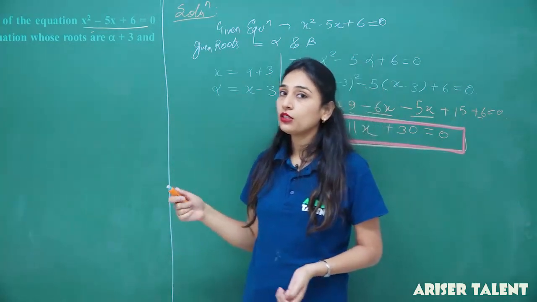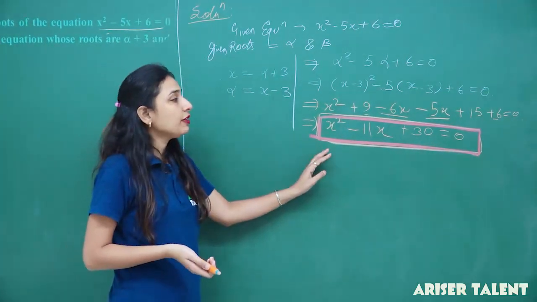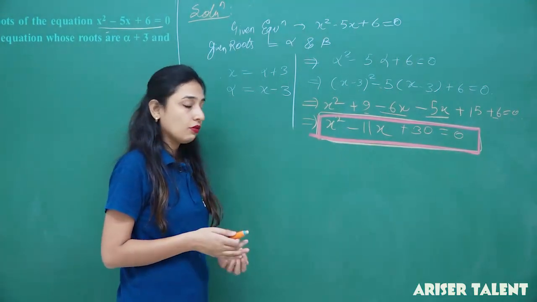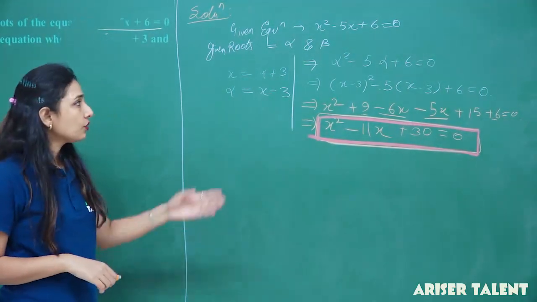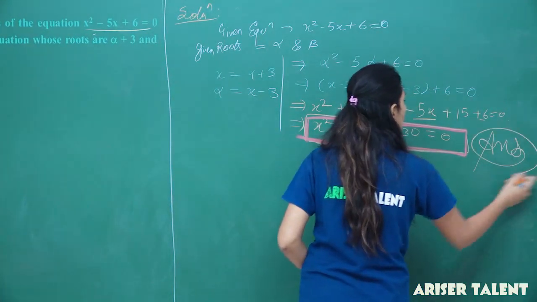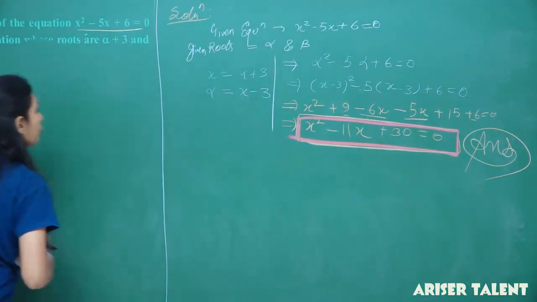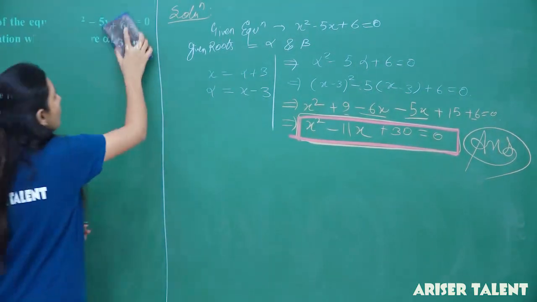In this particular question, you are provided with extra information. So this will be the equation. Note it, this will be your answer. Simple. Should we move forward to the next question?